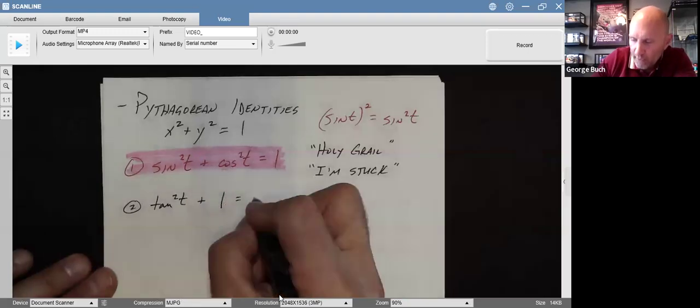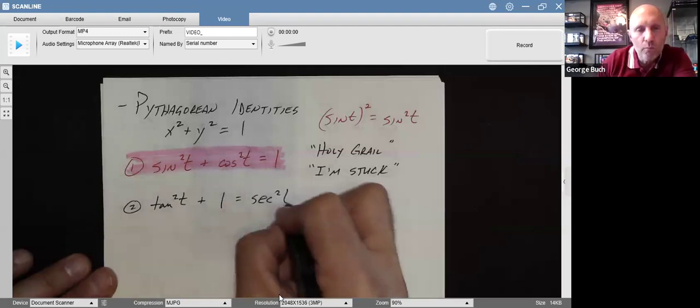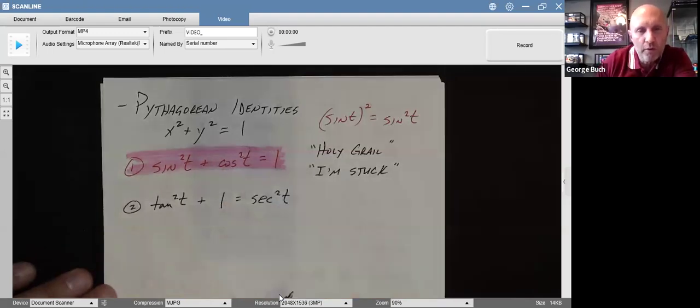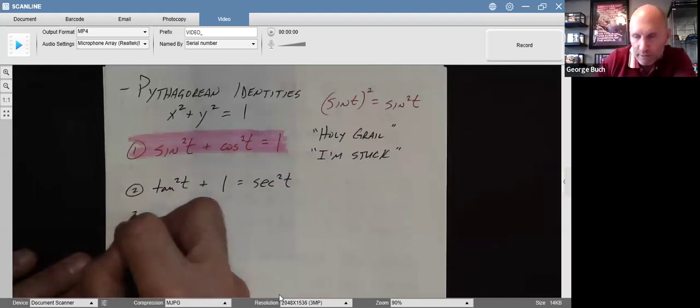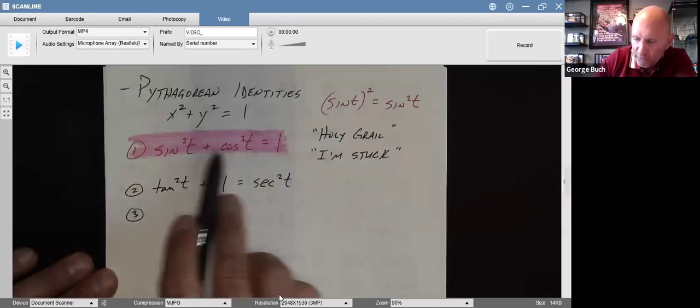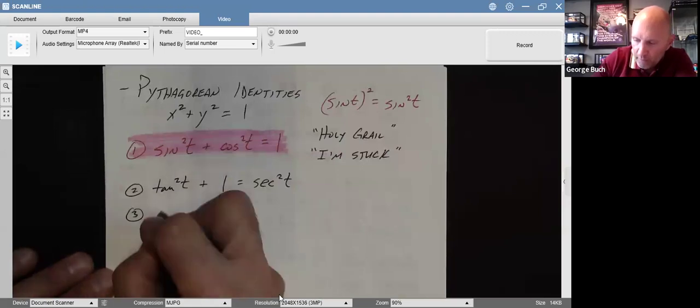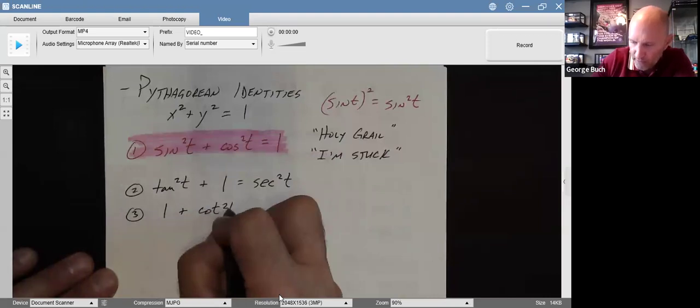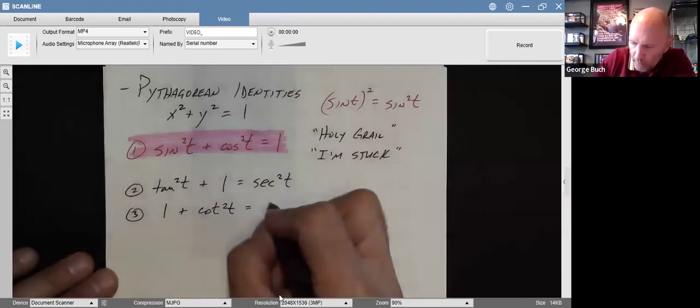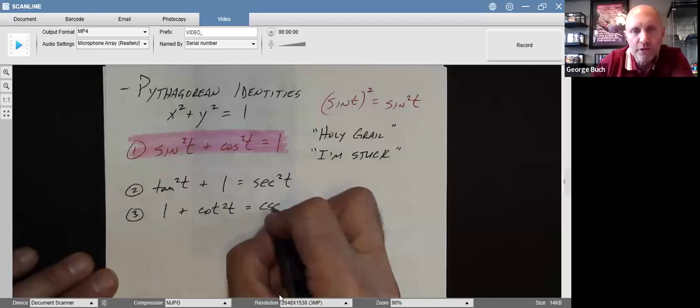So if I square that, I get tangent squared plus 1 equals secant squared. And similarly, if I divide all these by sine squared, I end up with 1 plus cotangent squared t equals cosecant squared t.